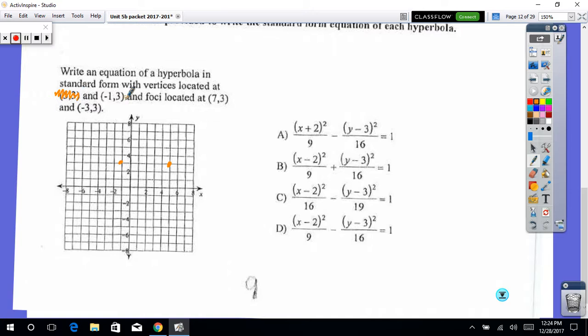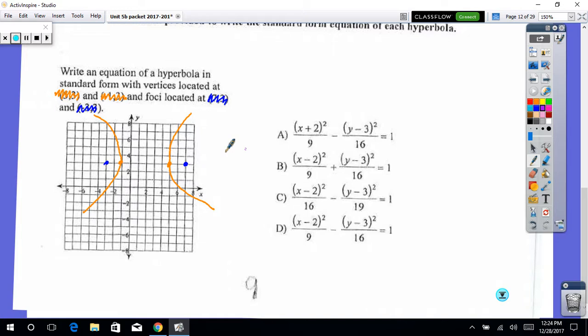These are going to be my vertices. And my foci are at 7, 3 and negative 3, 3. That's important because now I know which way it opens. I know that my parabolas are opening this way, which gives me an x hyperbola.